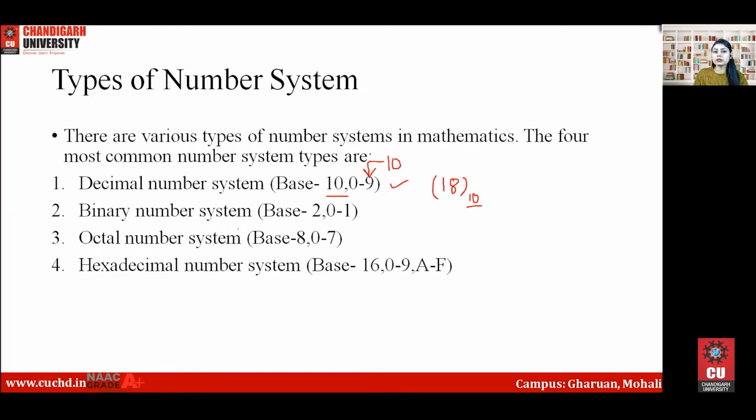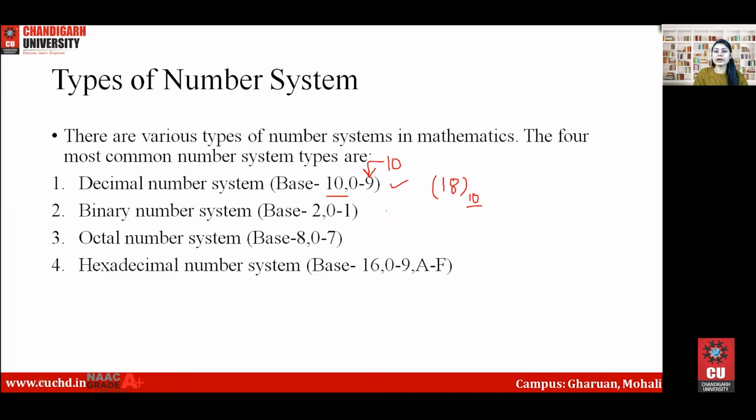Similarly, the other number system that we have is the binary number system. Its base will be 2 and it is represented using only two digits, 0 and 1. So any number which is represented by 0 and 1 and whose base is 2 is counted as a binary number.